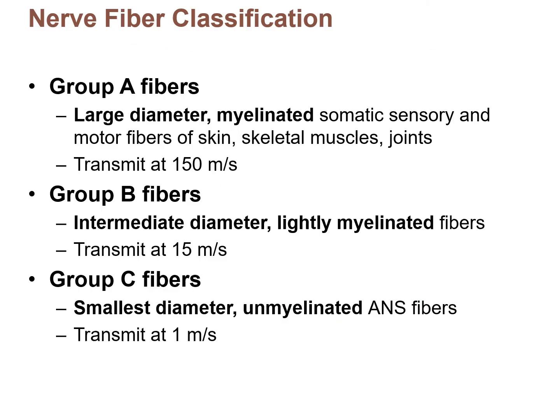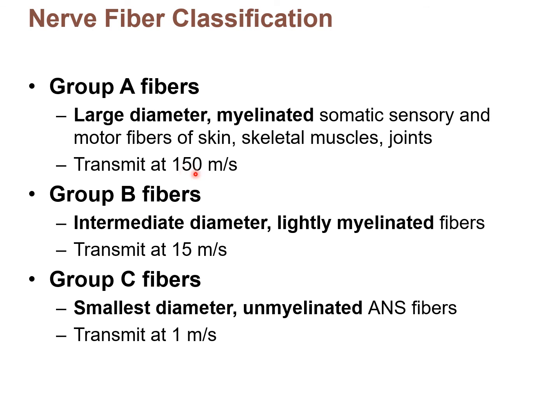It was also mentioned that the diameter of the axon has an impact on conduction velocity. So we're grouping our neurons or axons into A, B, and C. Group A fibers have large diameter axons, group C have the smallest diameter axons, and of course B is in the middle with intermediate diameter.